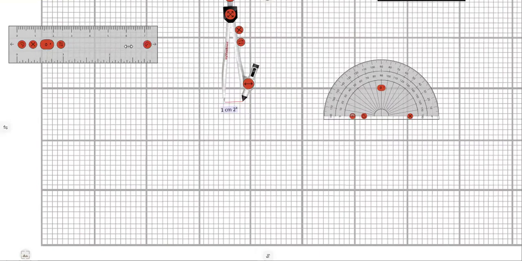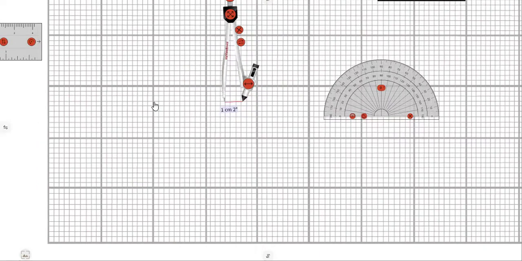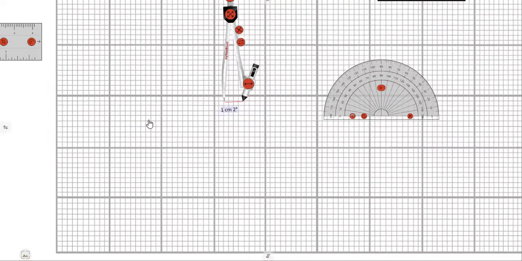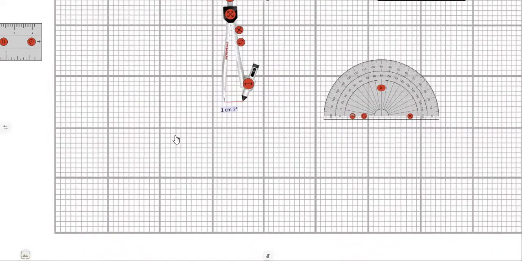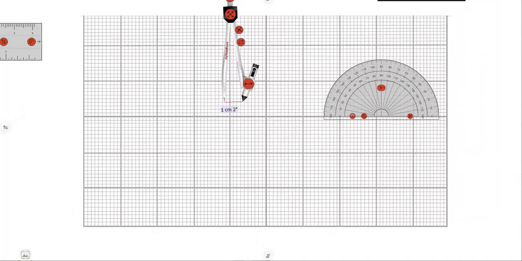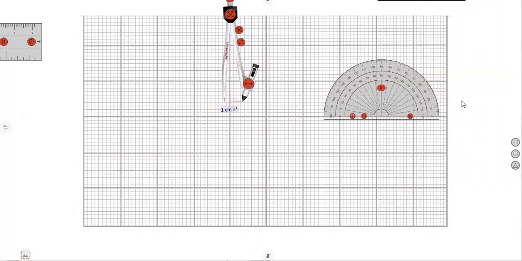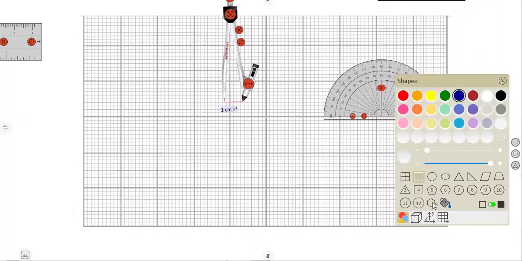Let me just put these ones aside. So remember, the vertical is our reference. So I'm just gonna put the reference on the vertical.